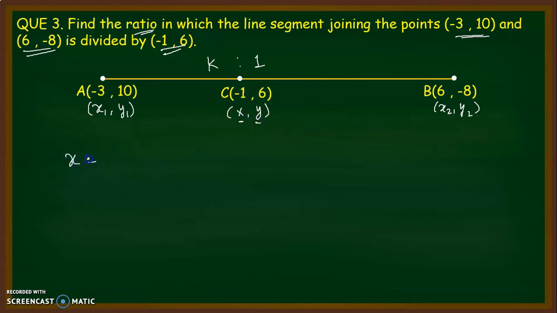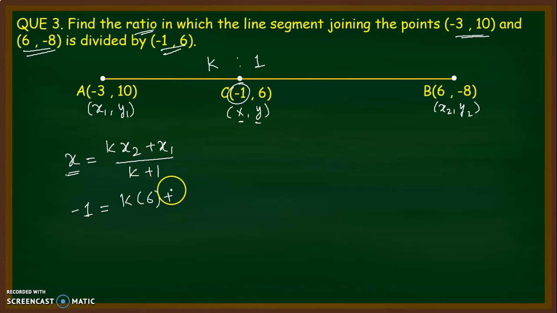Suppose if you use the formula for x, the formula will be (k x2 + x1) divided by (k + 1). This coordinate of point C, that is x, is given -1. We need to find out the value of k. x2 is given 6 plus x1 is -3, divided by k plus 1.